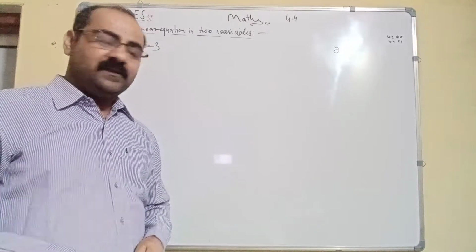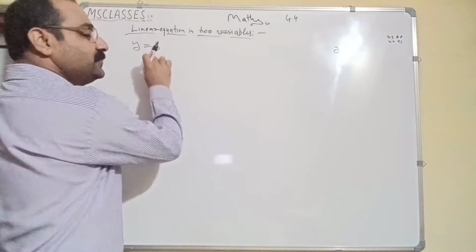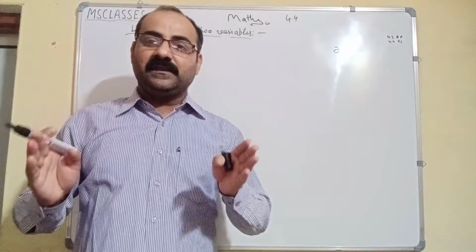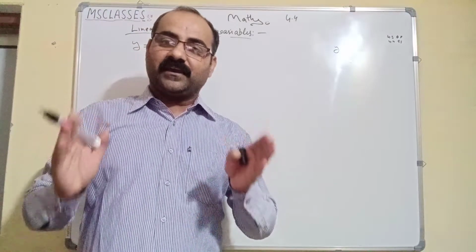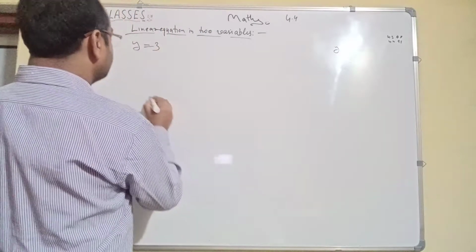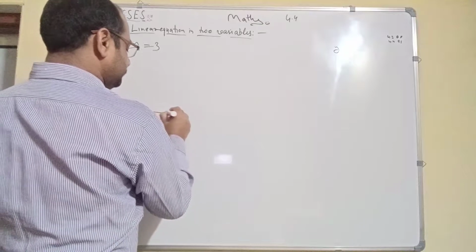So very simple, we have to represent this point on the number line. This is the one variable representation of y is equal to 3 on a graph. So guys, first of all, your solution is a line.